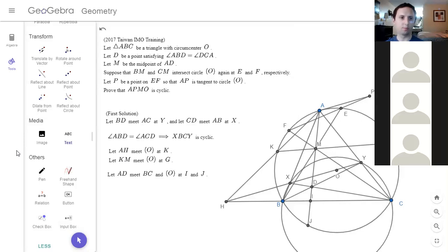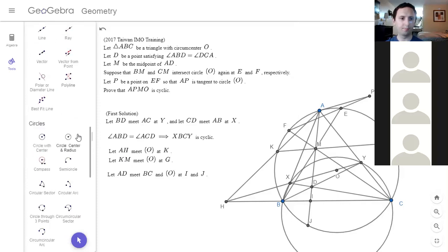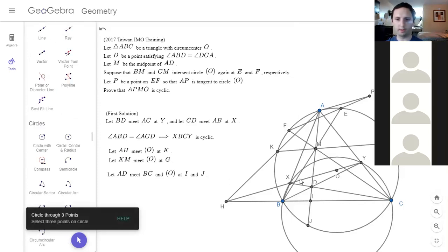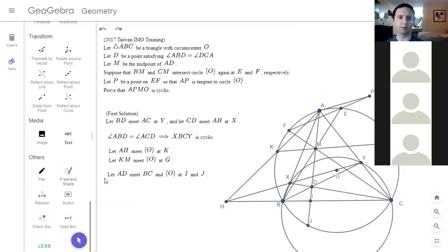By a well-known theorem, K is the Miquel point of that quadrilateral, and DK is perpendicular to AH. I'll just say that that's well known for now.